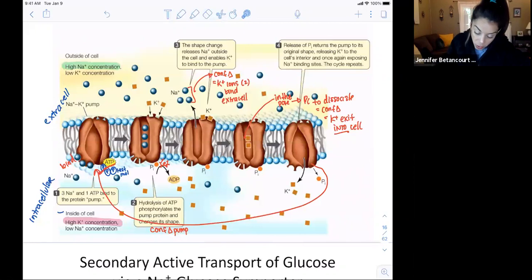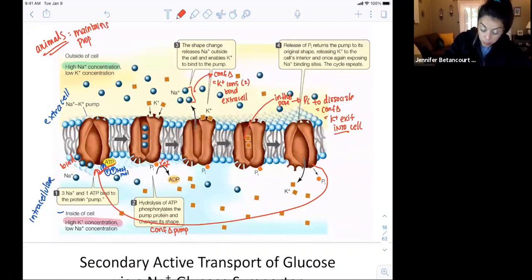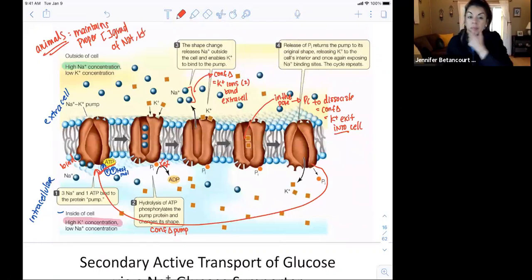Okay. And so again, the sodium potassium pump is found in animal cells and is really important for, we say, maintaining proper concentration gradients of sodium and potassium.